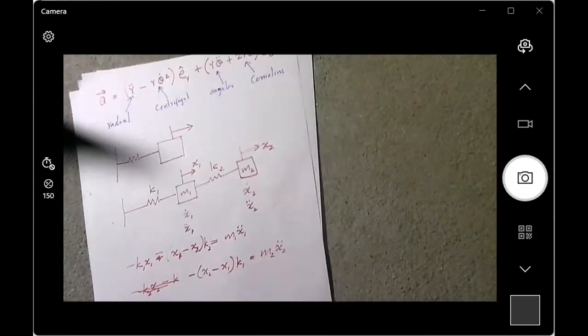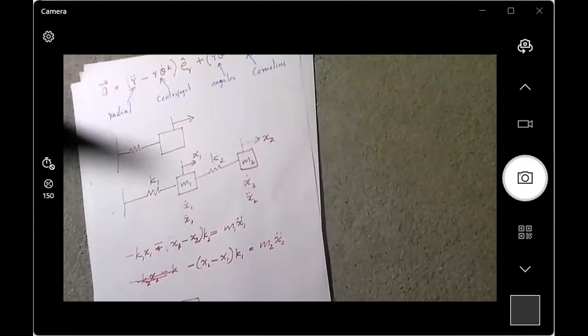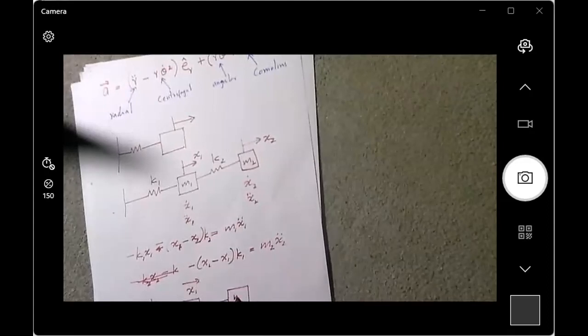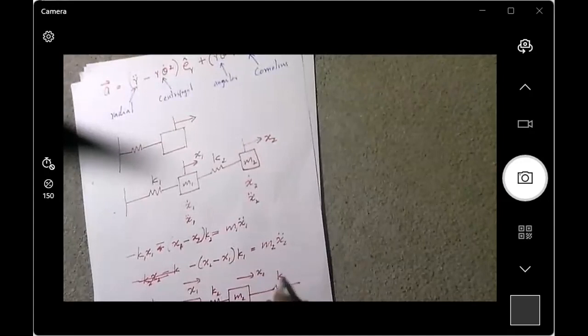So this is the simplest system, but if we modify this even more a little bit, there you have a system like this, which will be more practical. And another spring K3, and they are fixed.